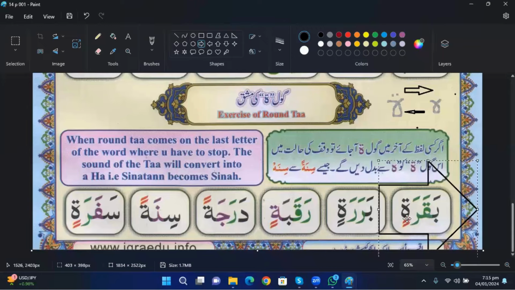Ba fatha ba, ra fatha ra, bara, ra fatha ra, barara, ta double kasratin, bararatin. In stop condition, it will become bararah. We need to read ra with full mouth, and round ta will convert into ha. Same as you will explain raqabatin, it will become raqabah. Darajatin will become darajah. Explain them one by one, do the correct spelling.